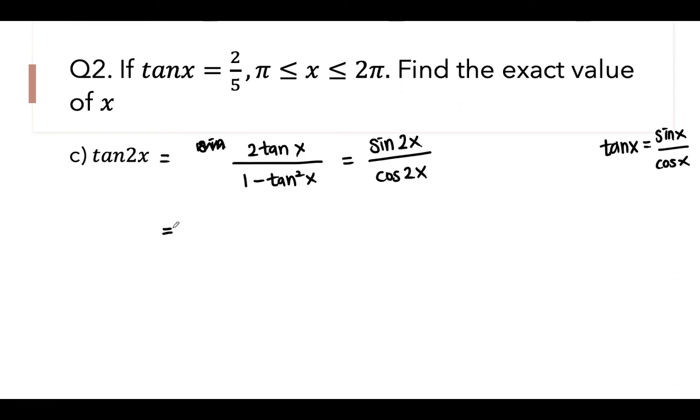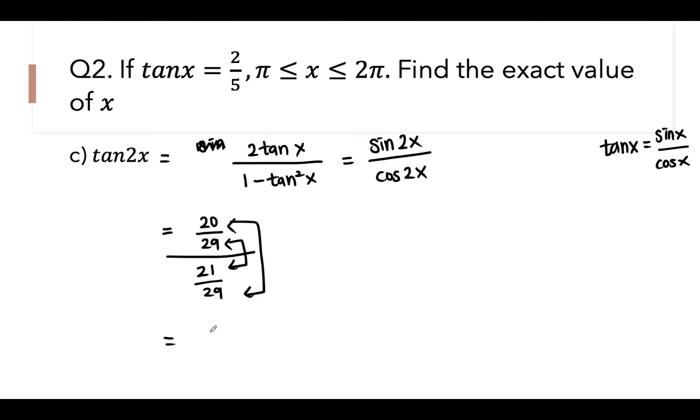So what we can do is use the answers from letter A and B, because we already figured out the exact values for sine 2x and cosine 2x. From A and B, sine 2x is going to be 20 over 29, and cosine 2x is going to be 21 over 29. So you divide, multiplying in and out.